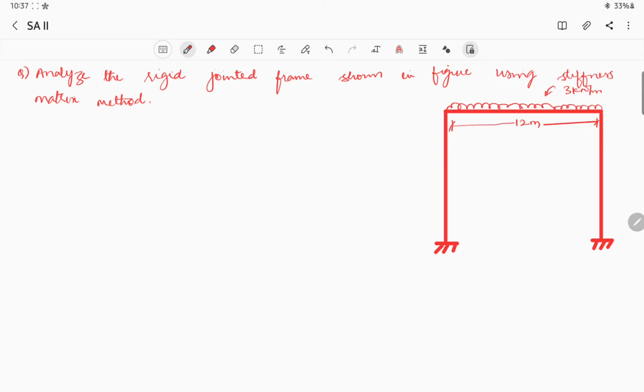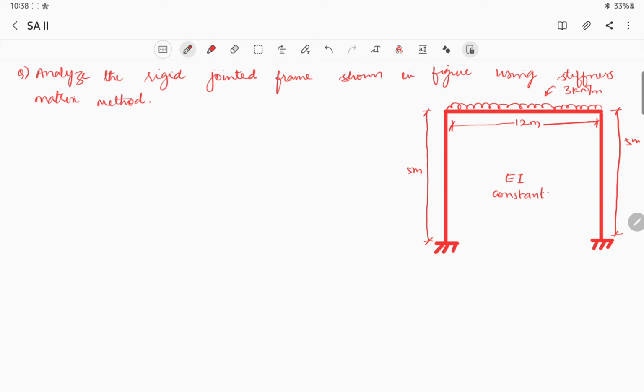This is 12 meter, and the height of this column is 5 meters. This is also 5 meters. So it is nothing but a symmetric frame, and here EI is constant.